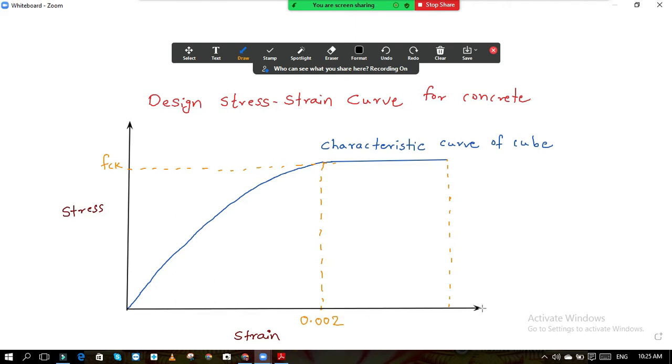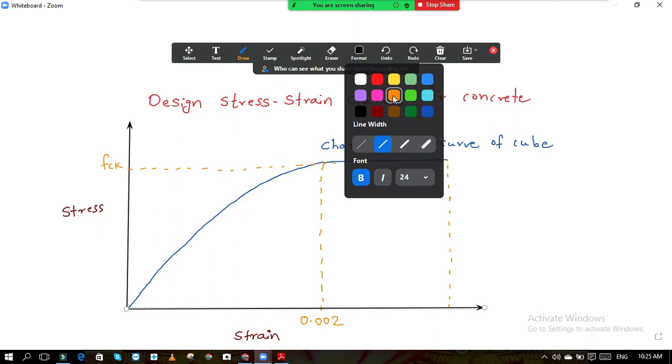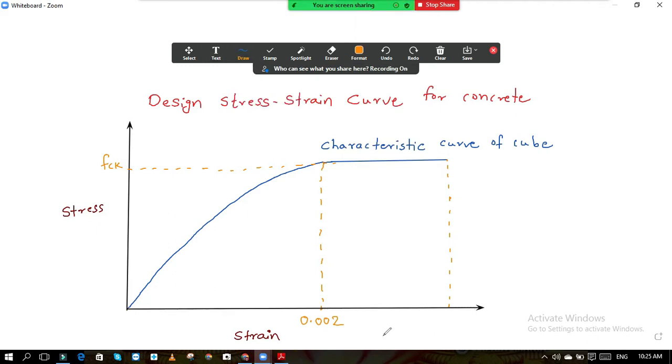Now if you plot over here, then the ultimate strain you will get here is 0.0035. This is your ultimate strain. And the same curve we use in the limit state method.